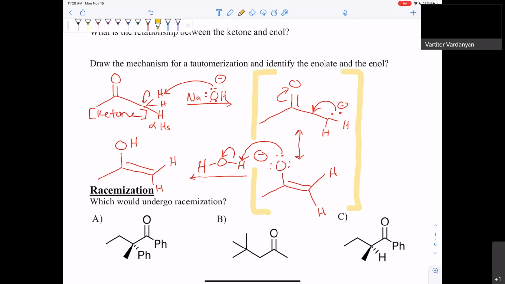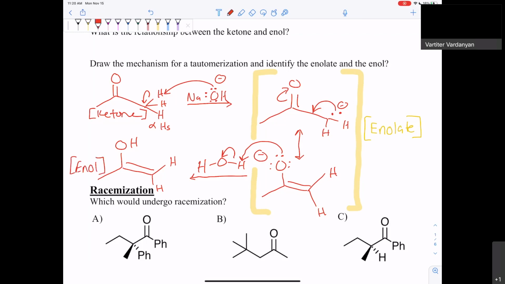And since these are resonance structures, both of those guys are called the enolate. And the final product, I was going to ask you guys to guess it, but it's written in the question, so it's fine, is called the enol.